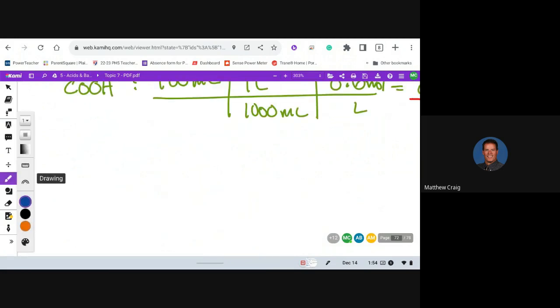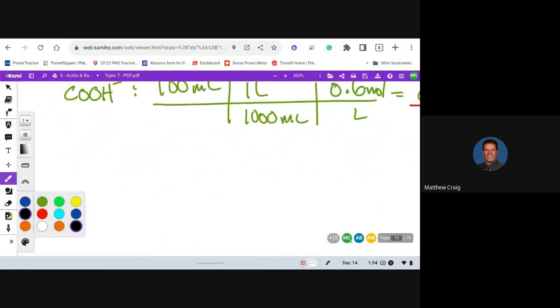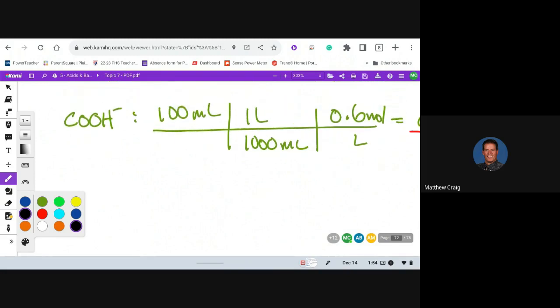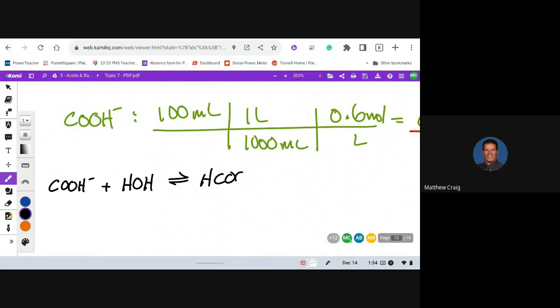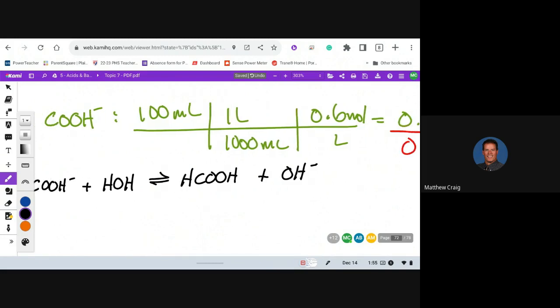So let's find a couple things here. Number one, we're going to have this as our equation: HCOOH plus OH, right? Because we always want to make sure the strong acid or strong base is always on the right side of the equation.